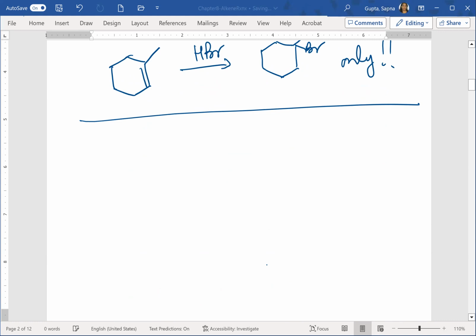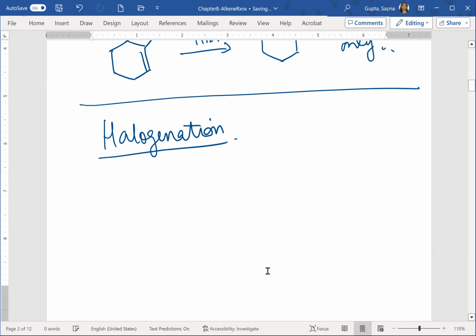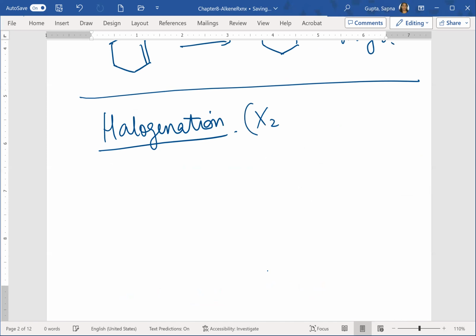So the second reaction that I want to talk about, I'll talk about halogenation. Halogenation is X2, which means you're adding Br2, Cl2, anything like that.